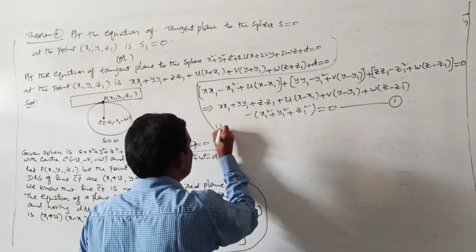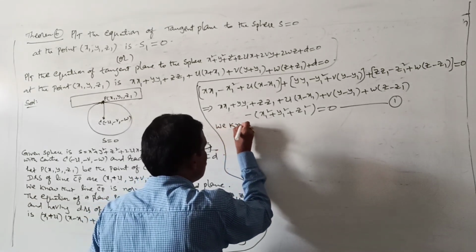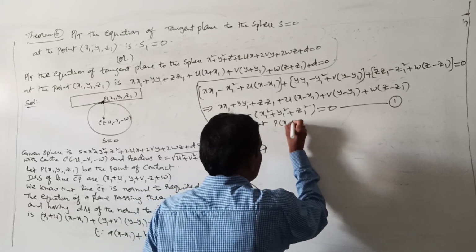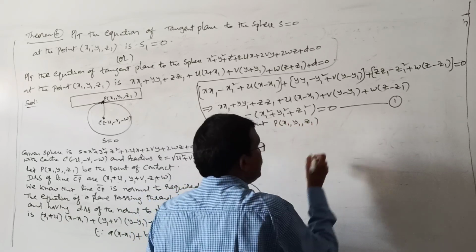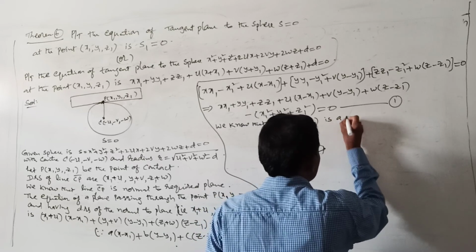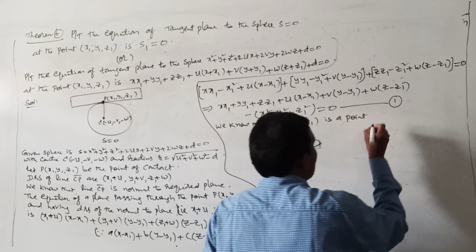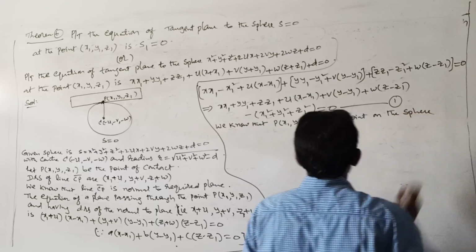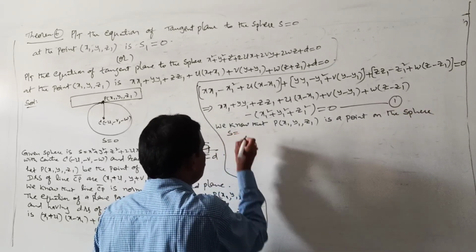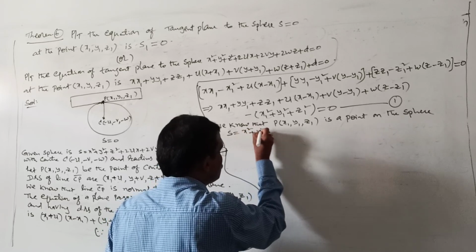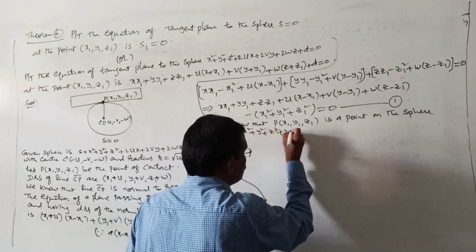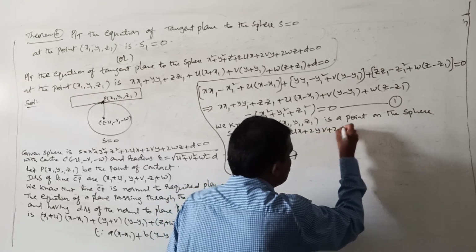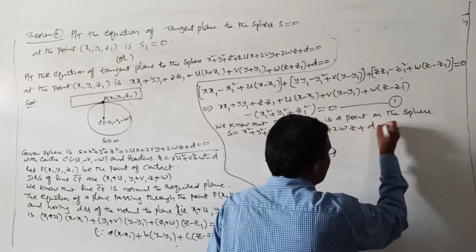We know that P (x1, y1, z1) is a point on the sphere. What is that sphere? S is equal to x square plus y square plus z square plus 2ux plus 2vy plus 2wz plus d equal to 0.